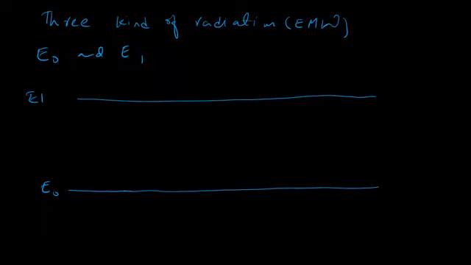The first possibility is that the electron is in the ground state, which is the stable energy state.